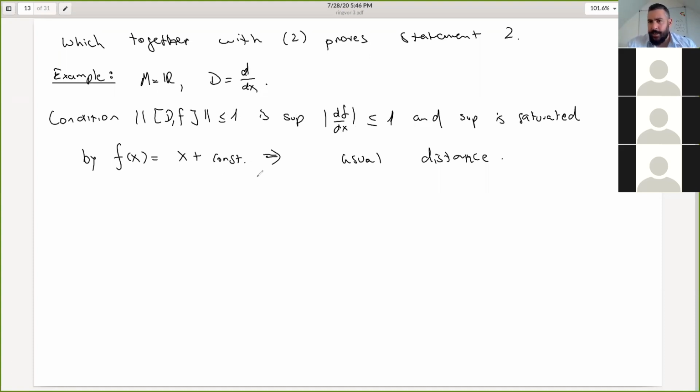And that is exactly the usual distance, because f(x) minus f(y), mind you, is x plus this constant minus y plus this constant, right? And thus this is equal to x minus y, which is exactly the distance.